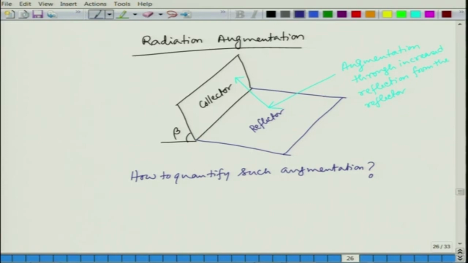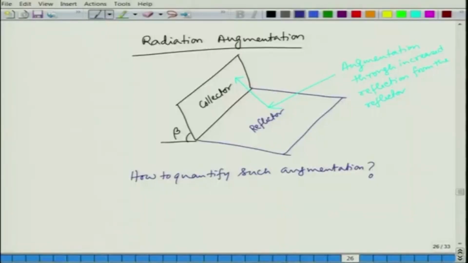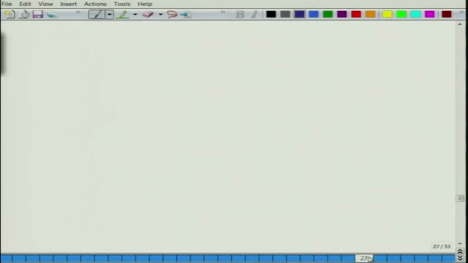That will be the added part to this total radiation, right. So, for that we need to quantify this view factor between these two. So, let us now take some dimensions, so that we can find out the view factor.